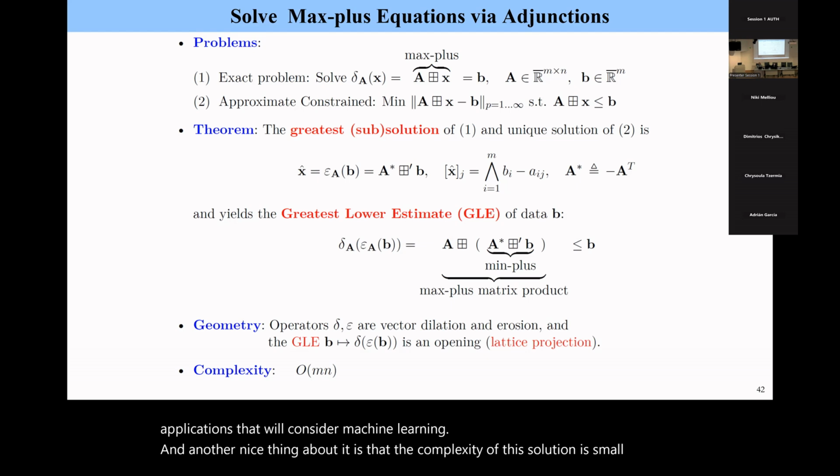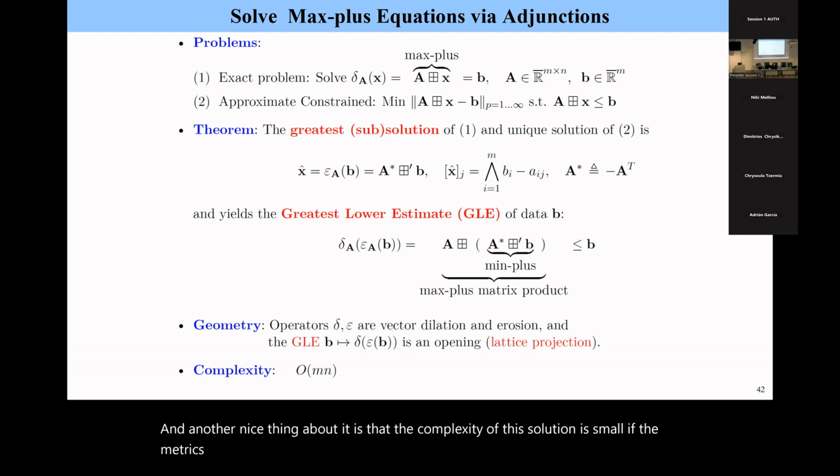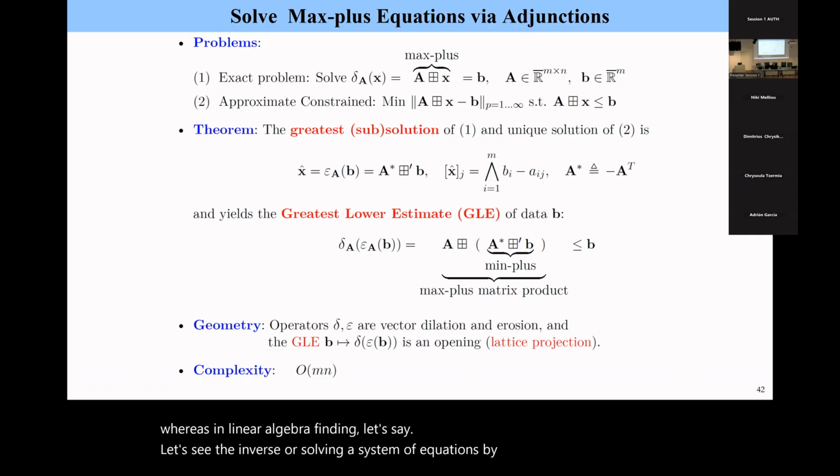If the matrix A has dimensions m times n, then the complexity is actually m times n. Whereas in linear algebra, finding, let's say, the pseudo-inverse or solving a system of linear equations by minimizing, let's say, the L2 norm, the complexity is higher.